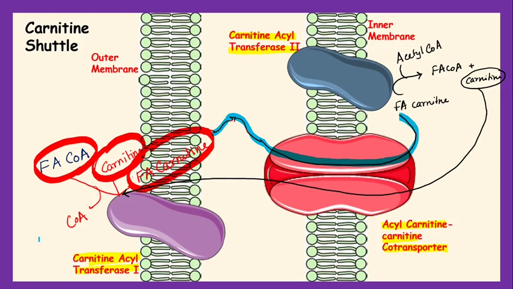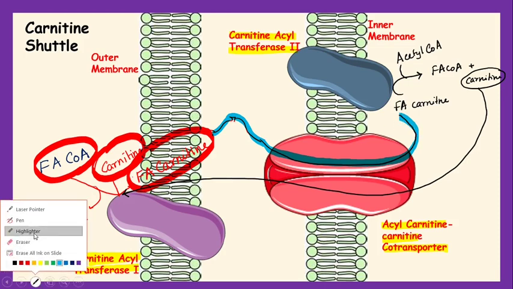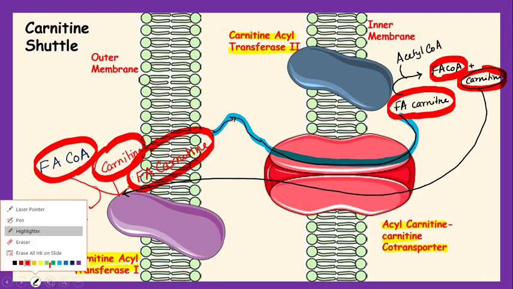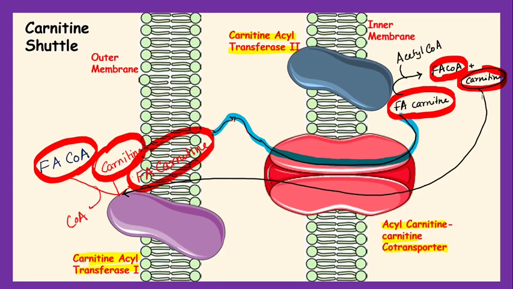Here, this fatty acyl carnitine molecule is again converted into a fatty acyl CoA and the carnitine is released in the presence of a CoA present within the mitochondrial matrix, and this carnitine which got released is again transported out through the same co-transporter so that it can participate in another round of binding.